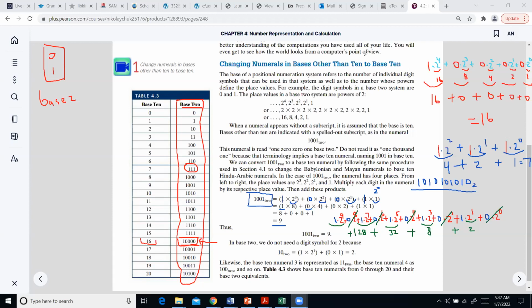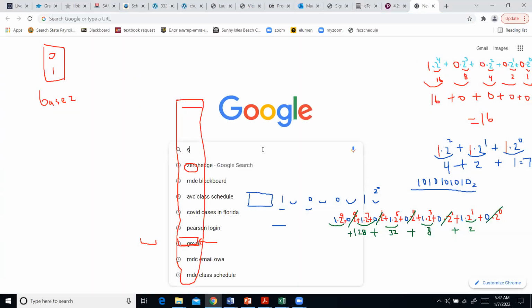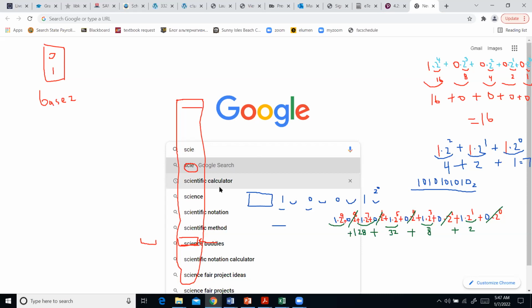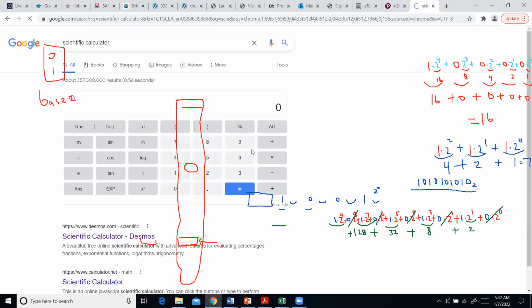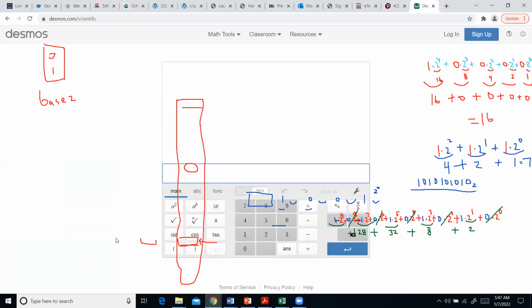To get a calculator, I can just open Google and type scientific calculator. Just start typing and it comes out. And I will use the so-called Desmos. I think it's the most convenient calculator that we have here. Let me clear this mess a little bit.